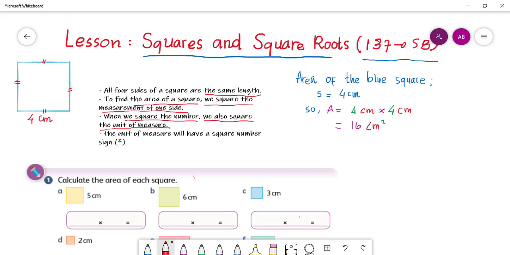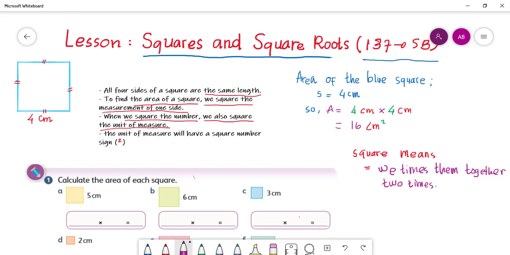So if teacher writes it, square means we multiply them together 2 times. Okay, can you understand that, dear? If you understand, we can move to our question.